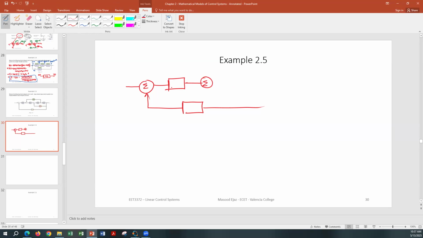This block, then we have another block. And then we have another one, two, three. We have the third summing amplifier. And then we have one block, and then we have another block. And this is the output. Signal is going from here to here.